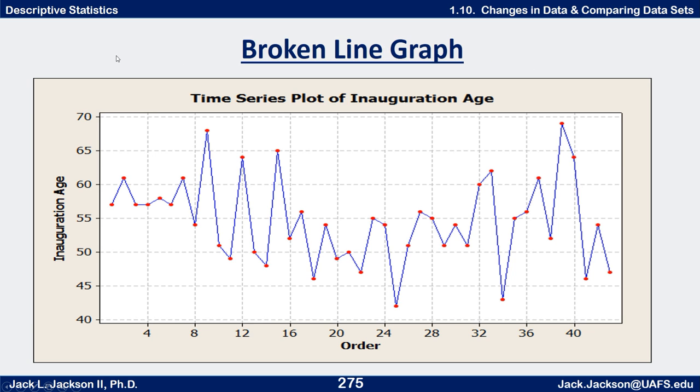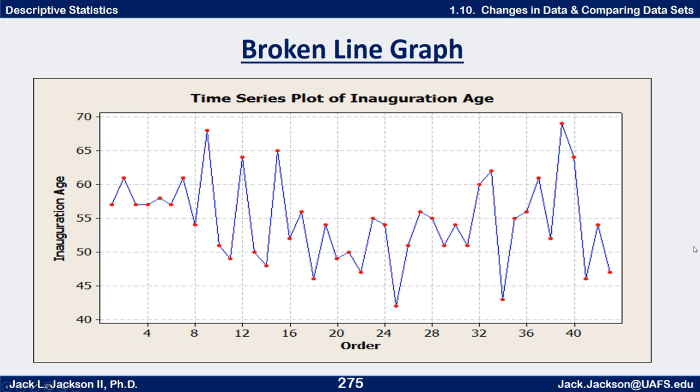So here's an example of a time series graph, and going back to the data that we've been going back to many times in these videos, we've talked about the ages of the United States presidents at their first inauguration. This one is a time series, and this is just the order they were inaugurated, from the very first president, George Washington, to the last one in this particular list, which is Barack Obama.